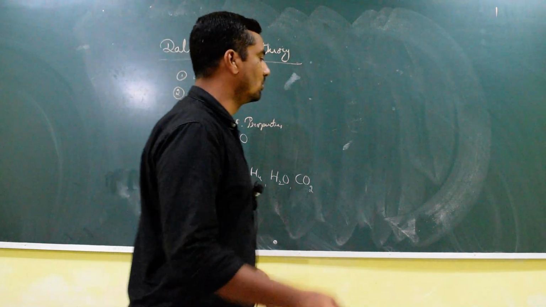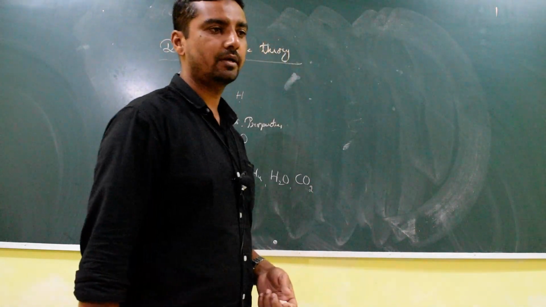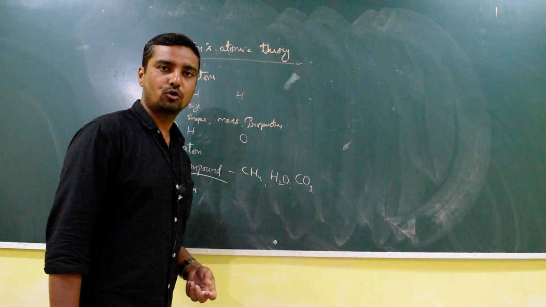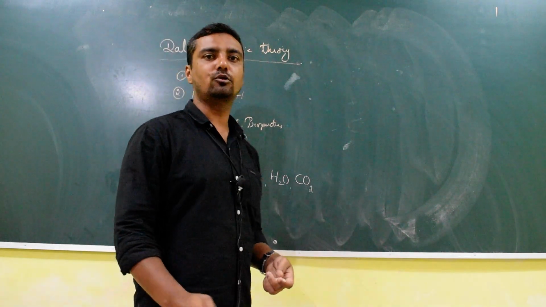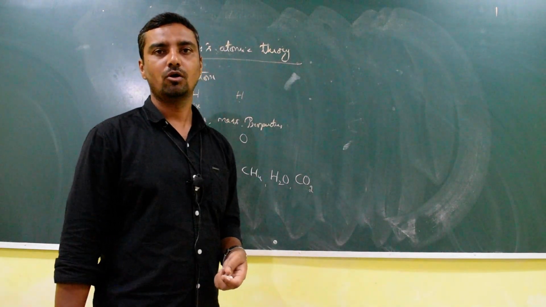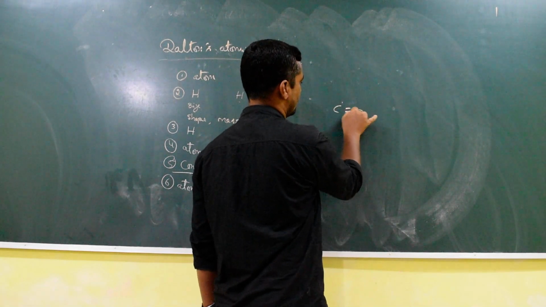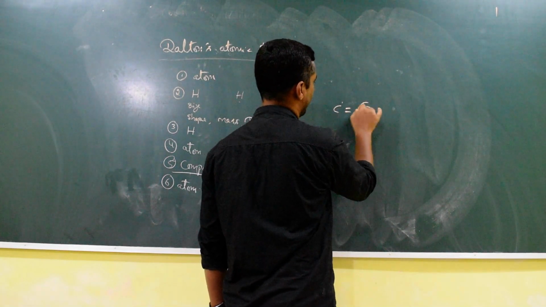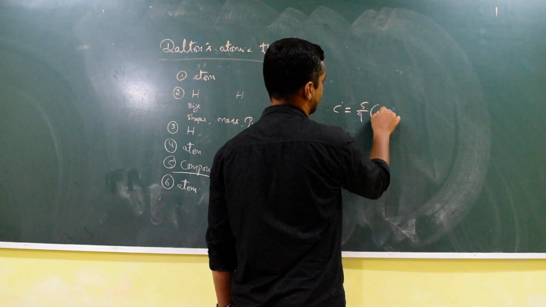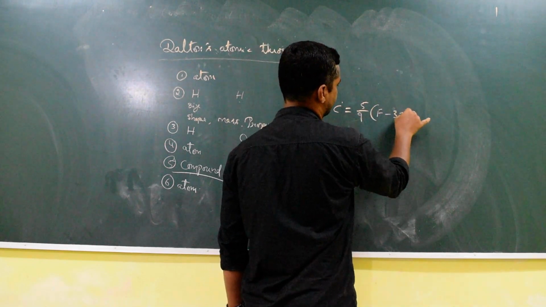So now we go for one more, I will give one formula, right? How to convert degree Celsius into Fahrenheit. Here, C equals 5/9 into F minus 32, right?